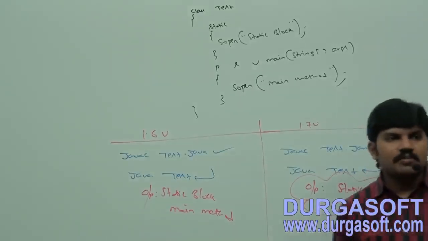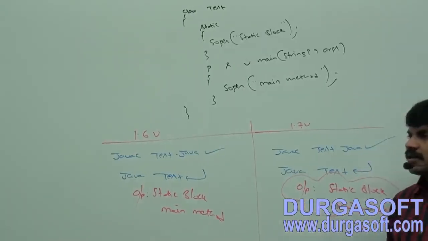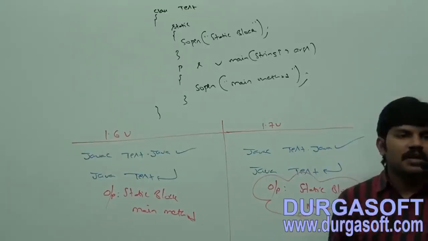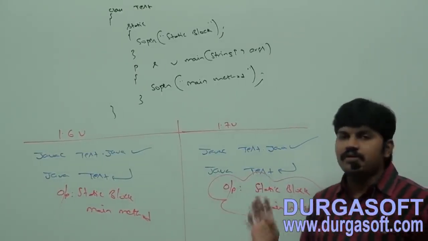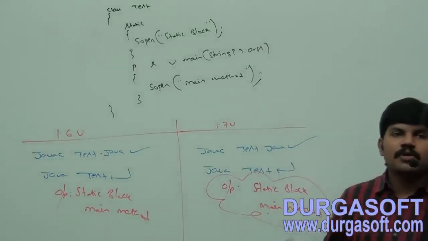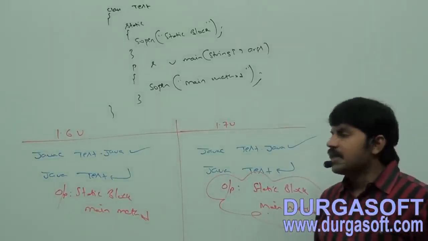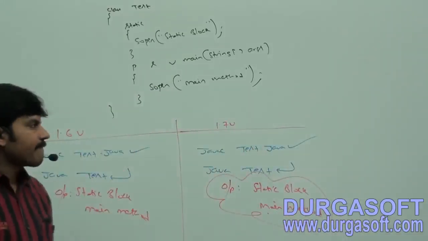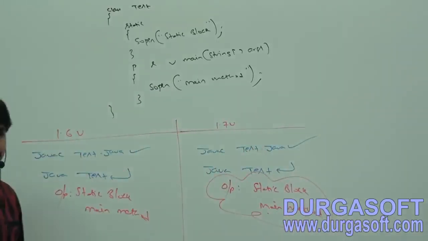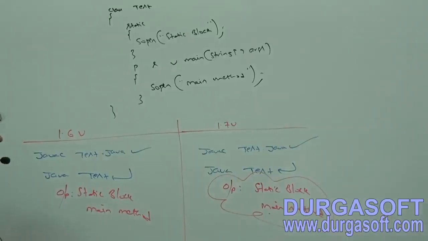Static block's job is for the static block only. Placing the main method's job inside a static block and then System.exit(0) is nothing but trying to remove the main method. That's why importance came for the main method from the 1.7 version onwards. Completed, right?